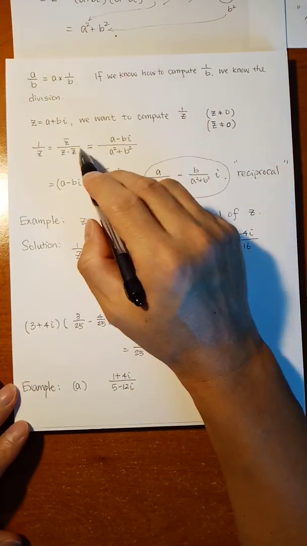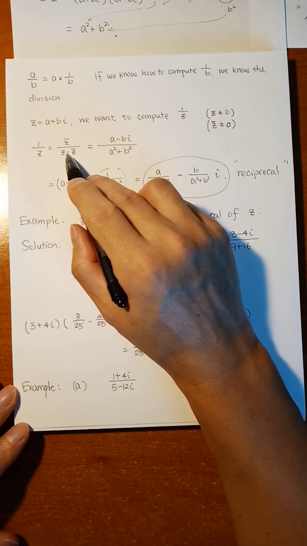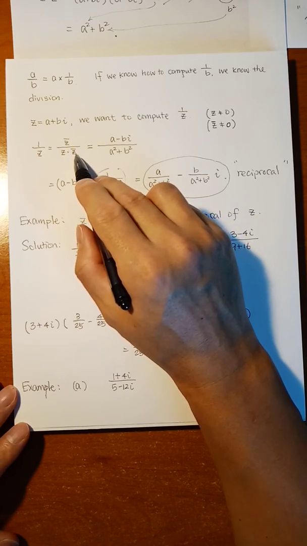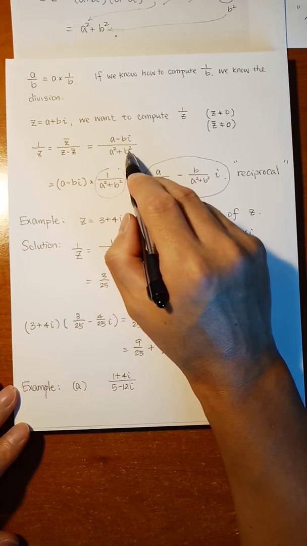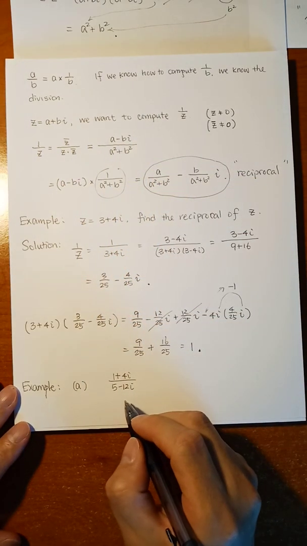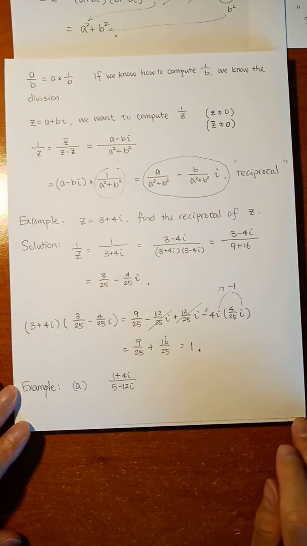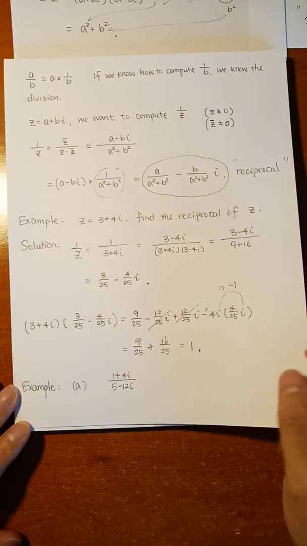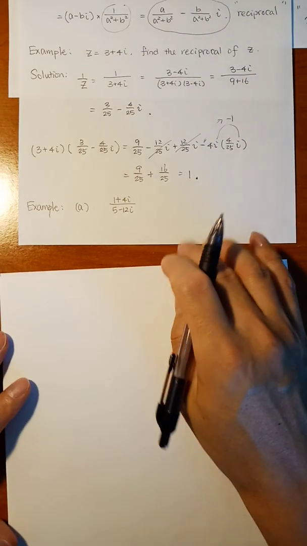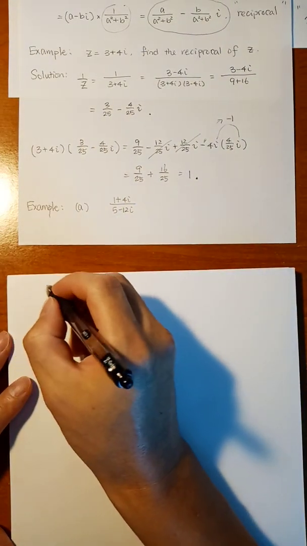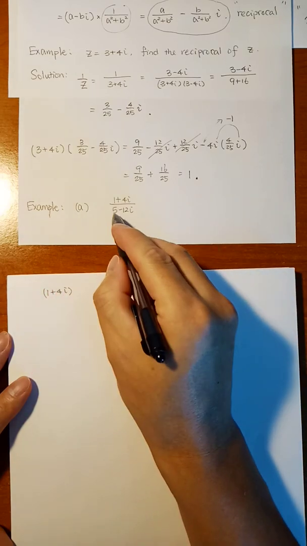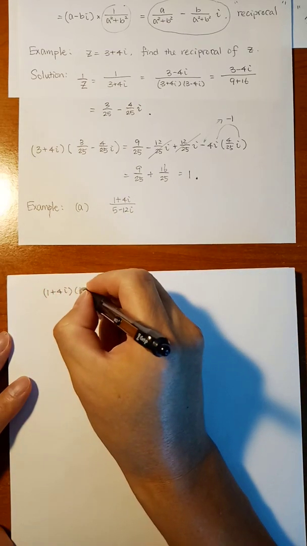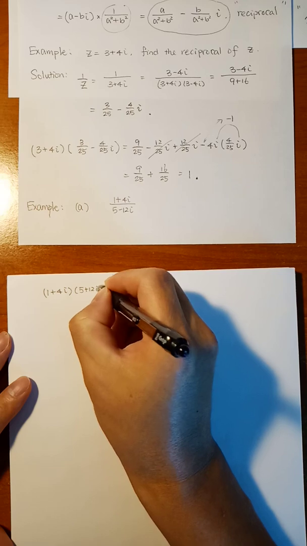The crucial step is that you multiply top and bottom by the complex conjugate of the denominator, and then you turn the denominator into a real number. Here we do exactly the same thing. We multiply top and bottom by the complex conjugate of the denominator. 5 minus 12i, its complex conjugate is 5 plus 12i.